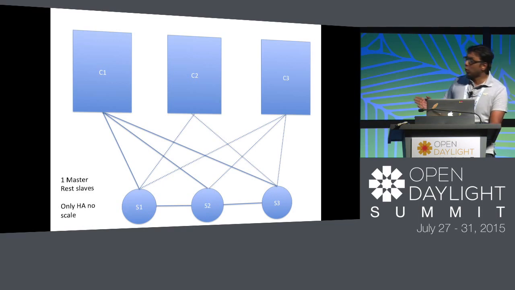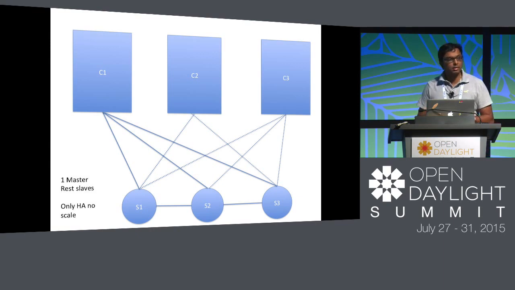Another OpenFlow-based solution which has been tried was that this set of switches is connected to all the controllers like a mesh. Using OpenFlow, we configure the switches saying that one of them is the master and the rest are slaves. In this scenario, C1 is the master for S1, S2, S3.